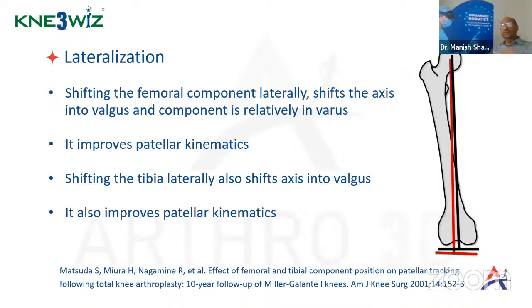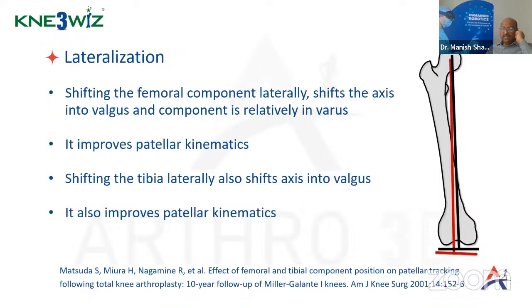It's also important to remember that besides these angles, we quite often lateralize the femoral component. Shifting the femoral component laterally shifts the axis into valgus, and the component is relatively in varus. It improves patellar kinematics.